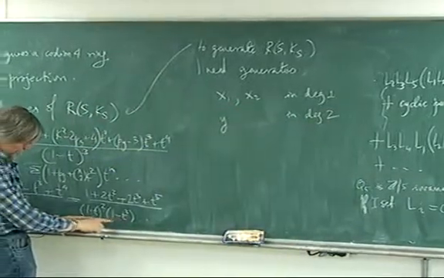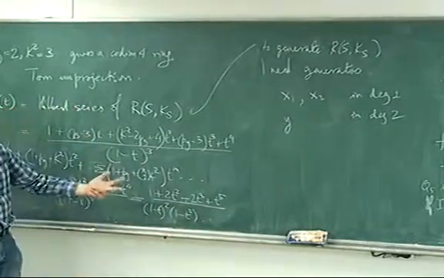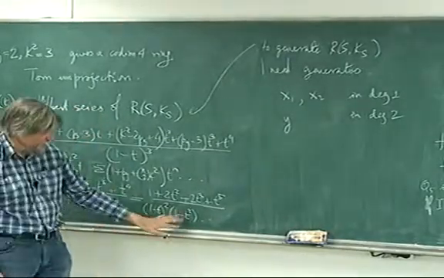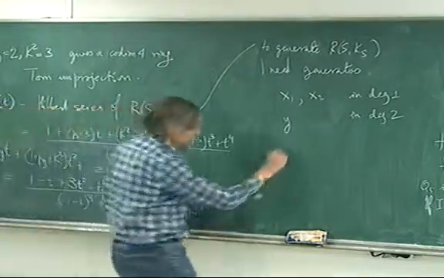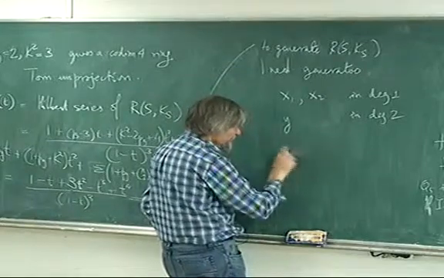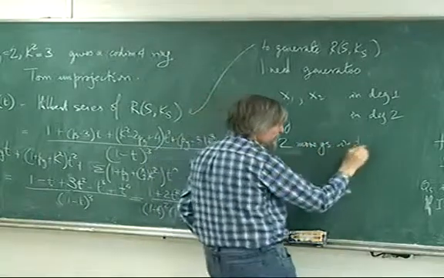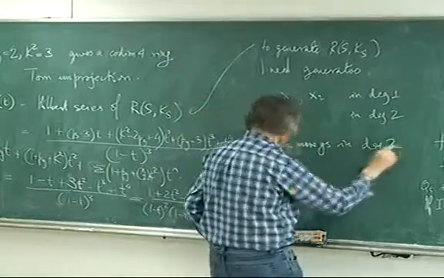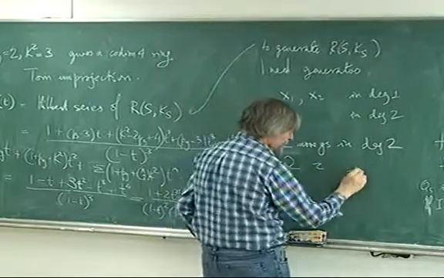And then if I'm lucky, these three elements here will generate a subring, and the whole ring will be finite over it. And so then I need two more y's in degree 2, and two z's in degree 3.